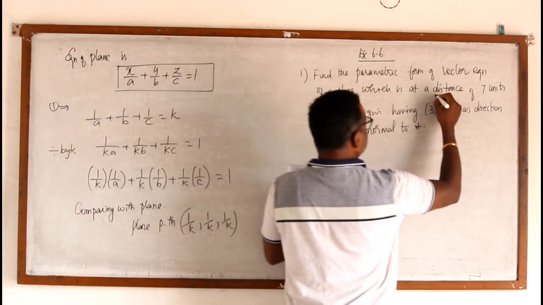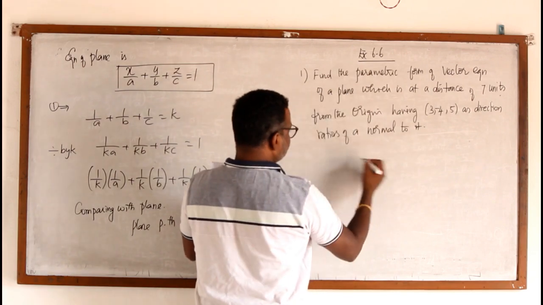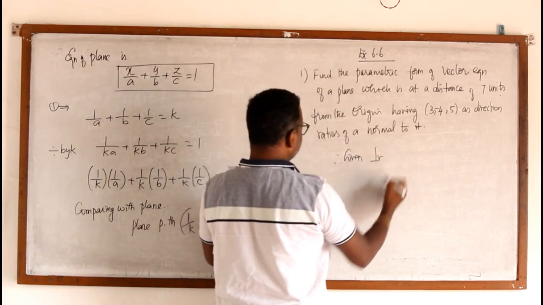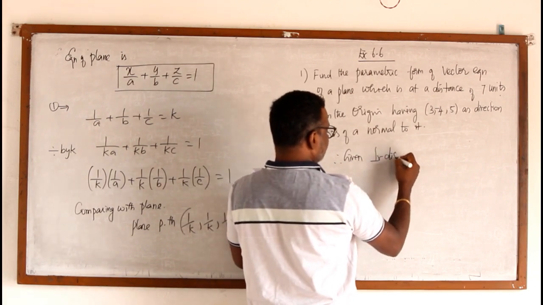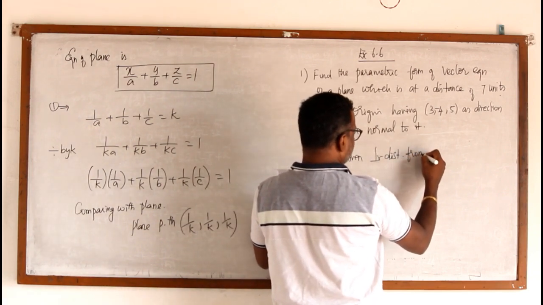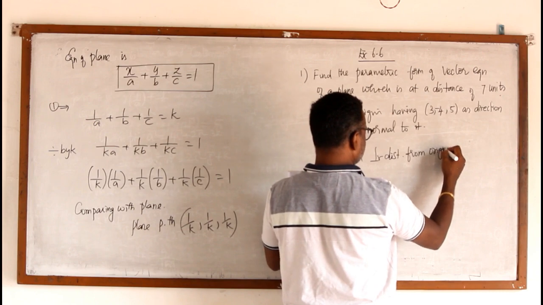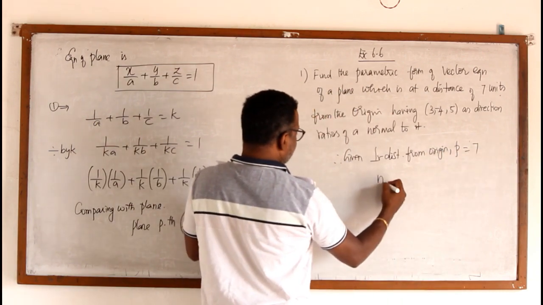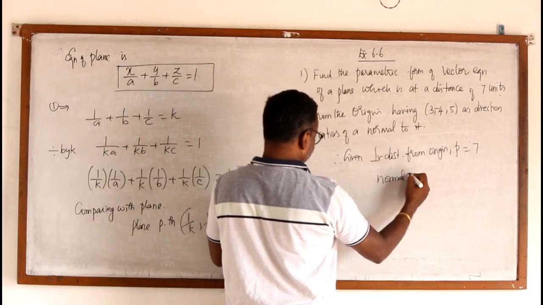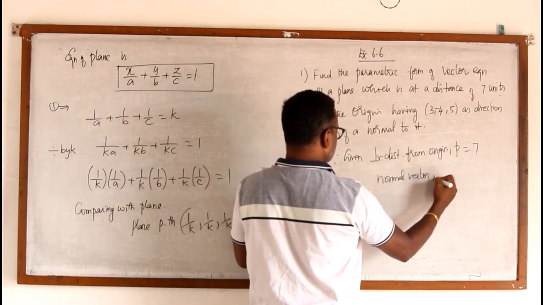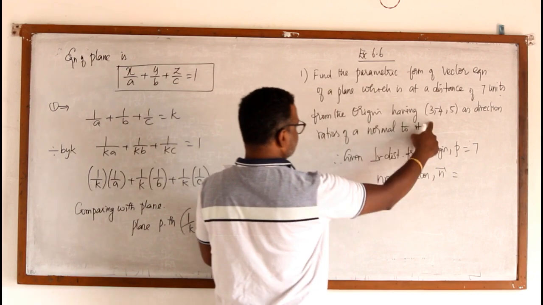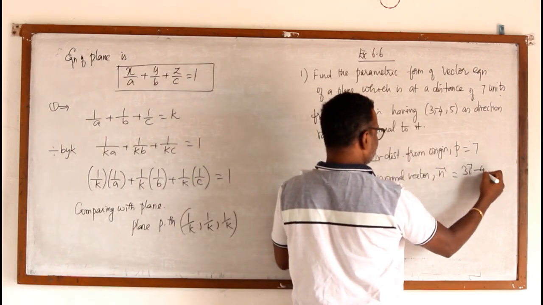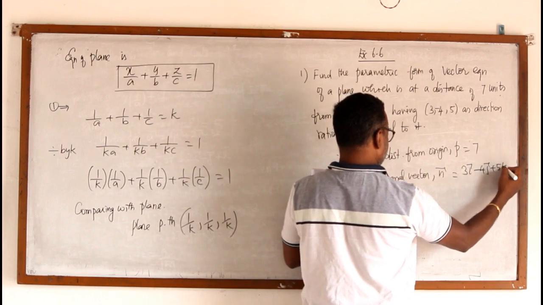Distance of 7 units from the origin means the perpendicular distance is given. A given distance always means perpendicular distance. Perpendicular distance from the origin we denote by small p, that is equal to 7. The normal vector n is, since these are the direction ratios normal to it, n = 3i - 4j + 5k.